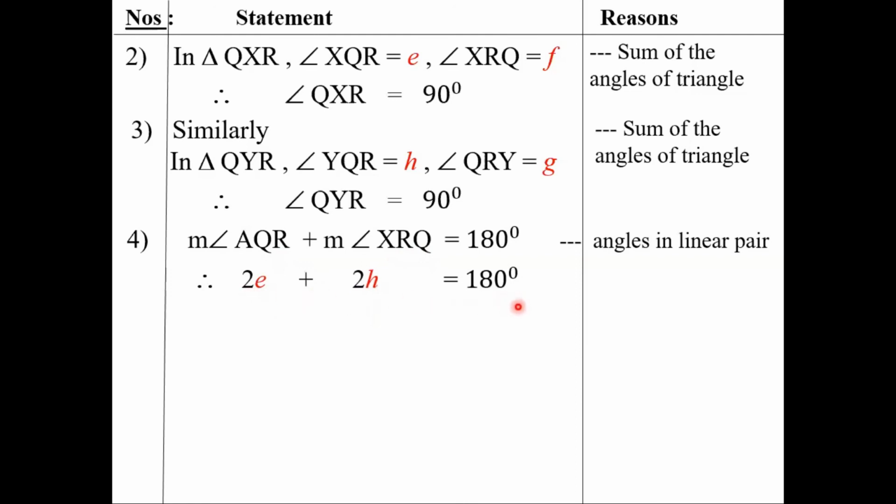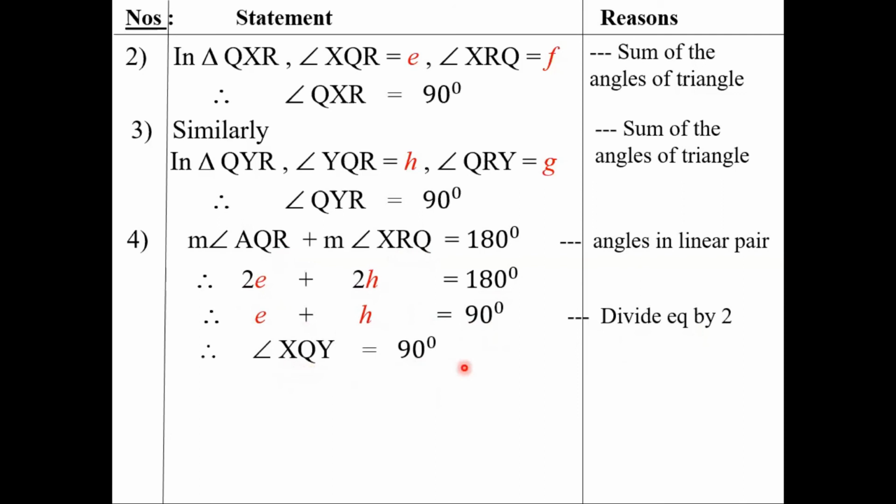Again divide the entire equation by 2. It becomes E plus H is equal to 90 degree. Therefore E plus H is equal to 90 degree. And in this way, E plus H is nothing but angle XQY. So you will get XQY, this angle, as 90 degree.